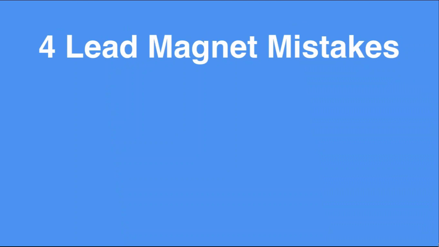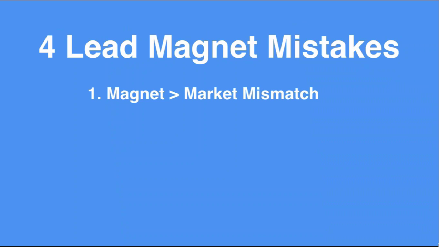So here's some mistakes that are super common. Number one is that there's the magnet and a market mismatch. It means that it's not ideally set for the market.